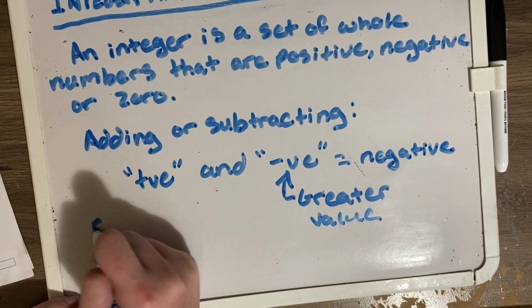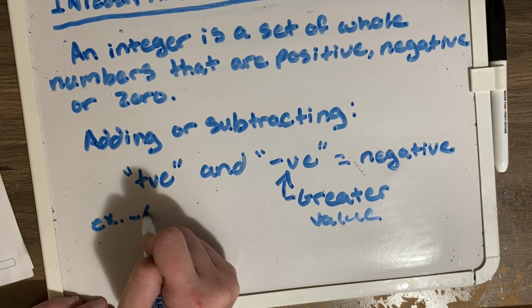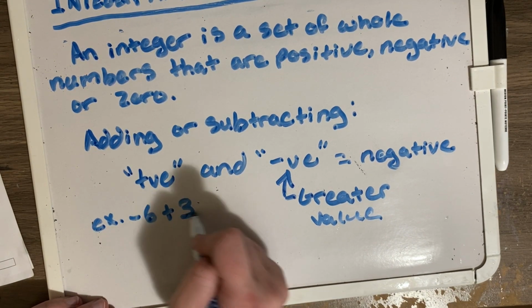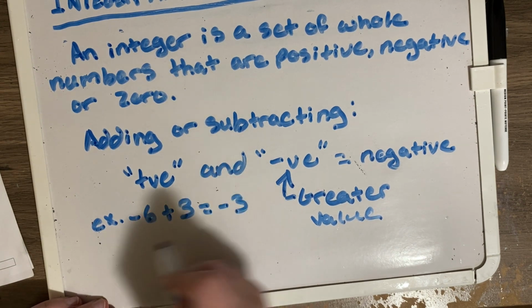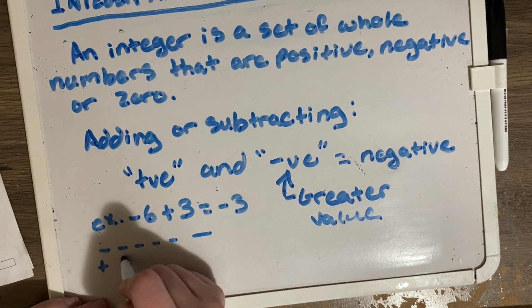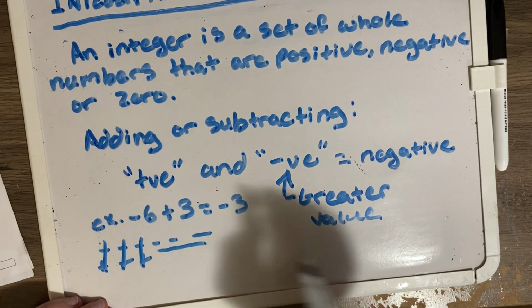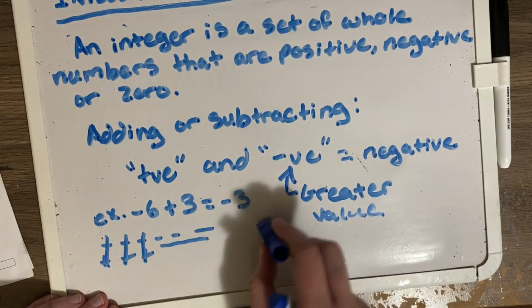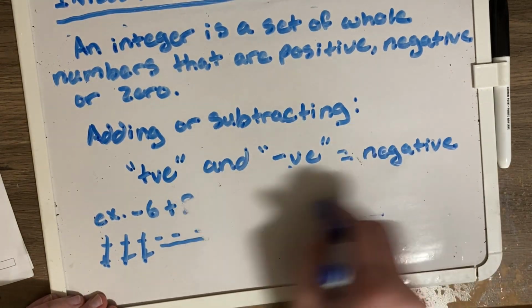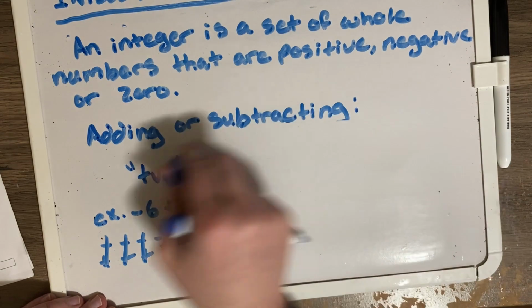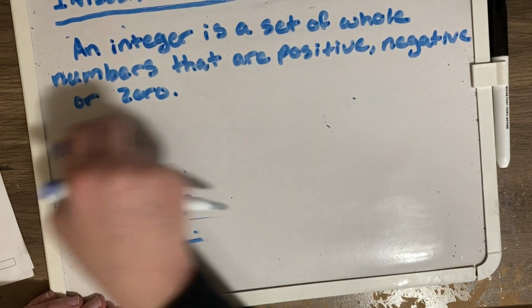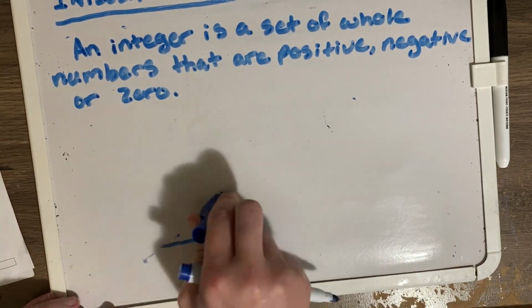Because if I have negative 6 plus 3, it's going to equal negative 3. Because 1, 2, 3, 4, 5, 6, and 1, 2, 3. These are going to cross each other out, and I'm left with 3 negatives. So those are the 4 rules that we have to remember when combining, or adding and subtracting, integers.